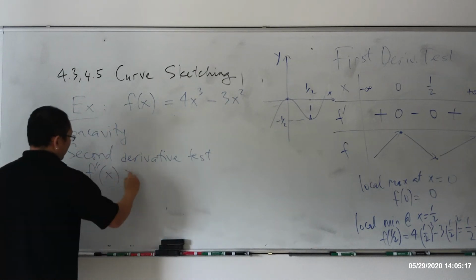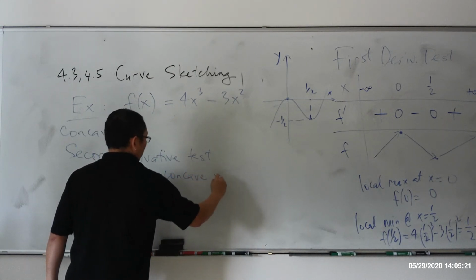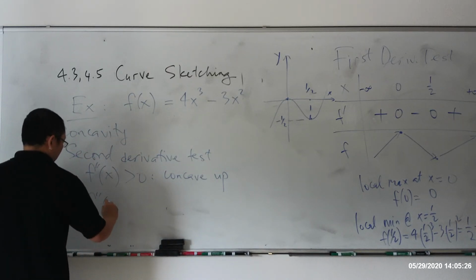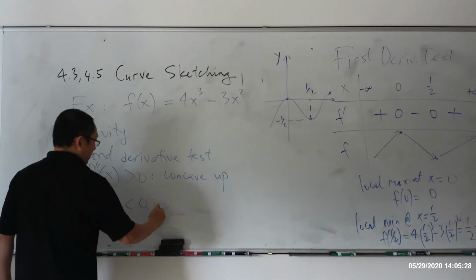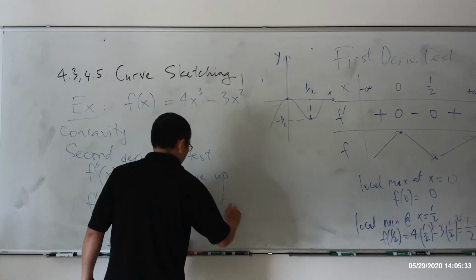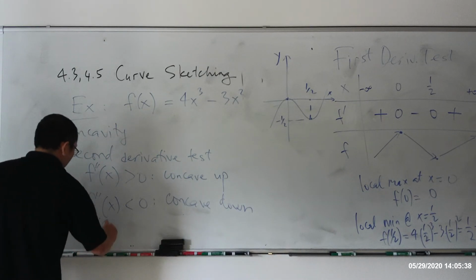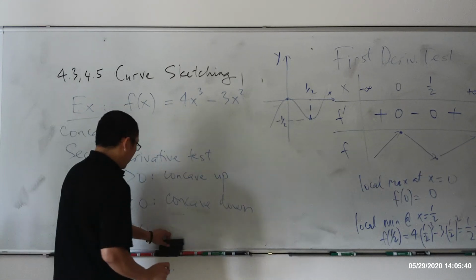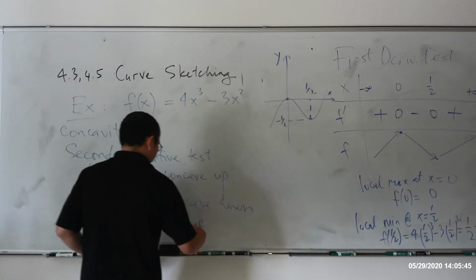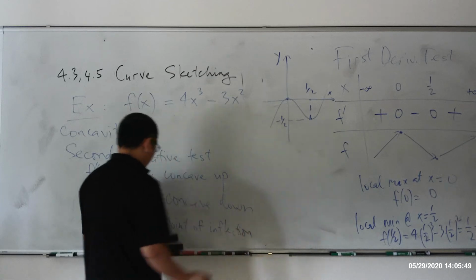If f double prime is positive, the graph is concave up. If f double prime is negative, concave down. And then what if f double prime is equal to 0? We have a possible point of inflection.